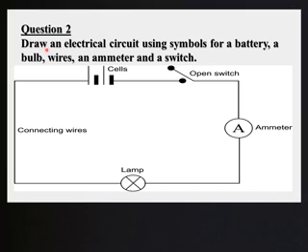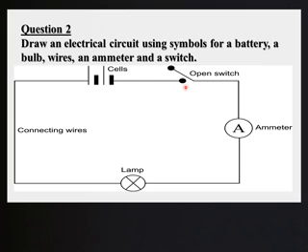Now again see question number 2. Draw an electrical circuit using symbols for a battery, a bulb, wires, an ammeter, and a switch. I hope all of you understand the symbols of all these components. So look at this, that is the symbol for cell.